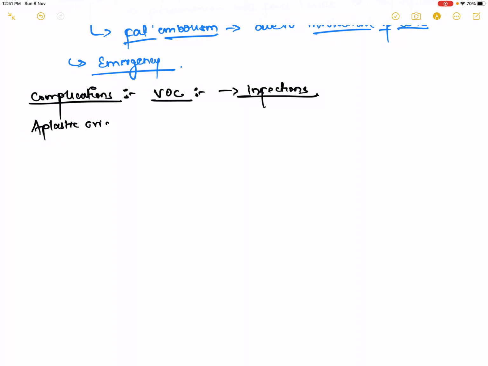So next can be aplastic crisis. It is a complication. Here hemolysis has increased, so the body tries to increase production to compensate for hemolysis.